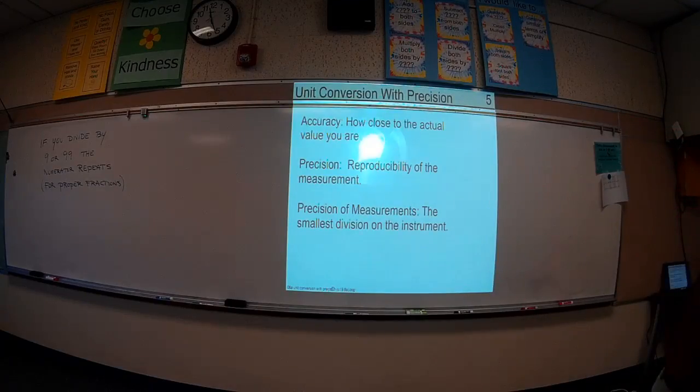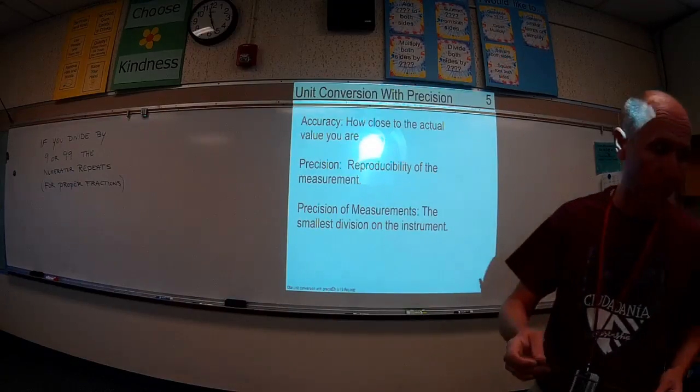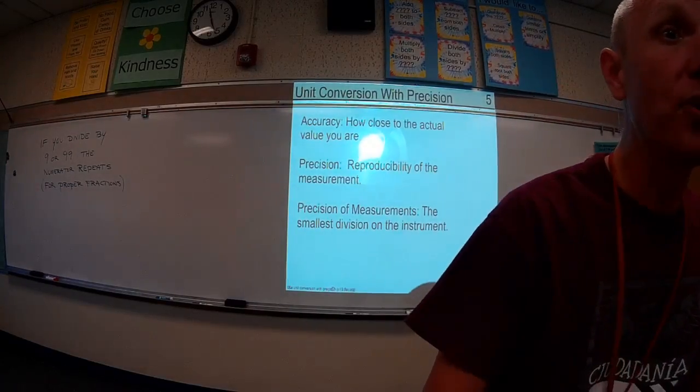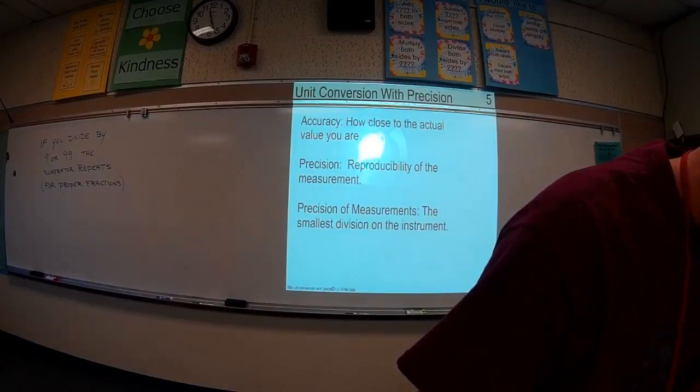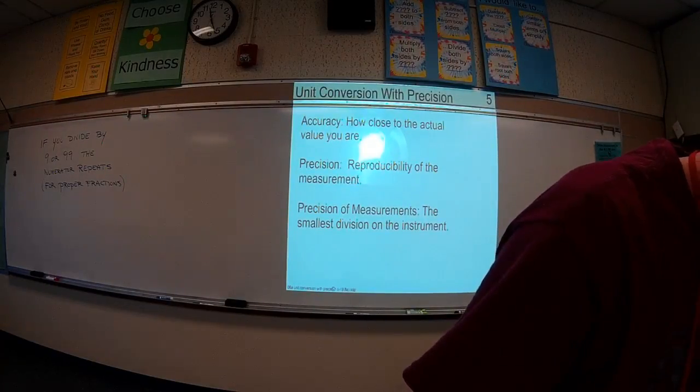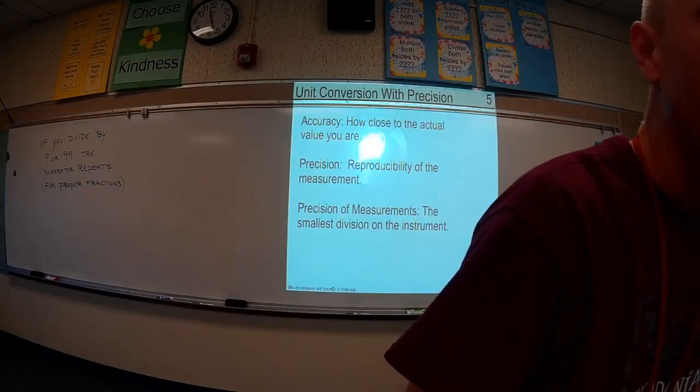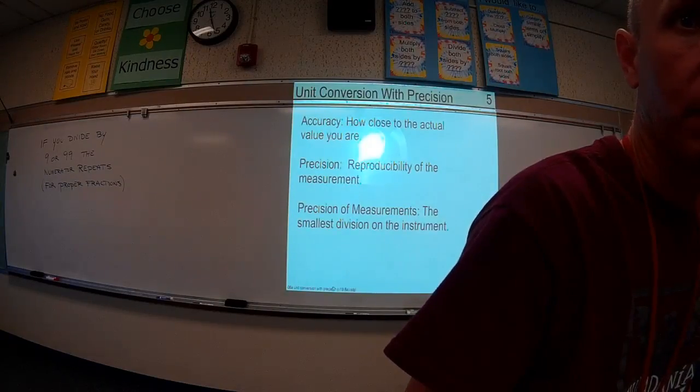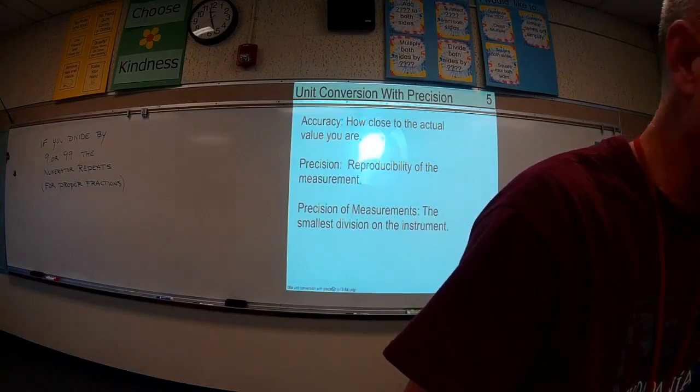I could measure something and be wrong, which means I am not accurate. Let me get a ruler. There. I want you to see the difference between precision of measurement and accuracy. Ready? You're going to be my helper here. I am measuring the width of her Chromebook. Watch this. I say it's 28.4.